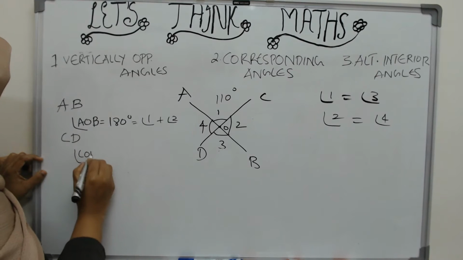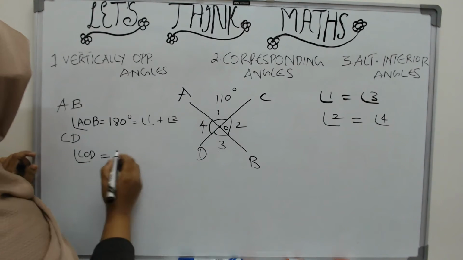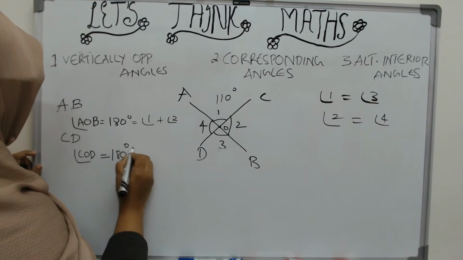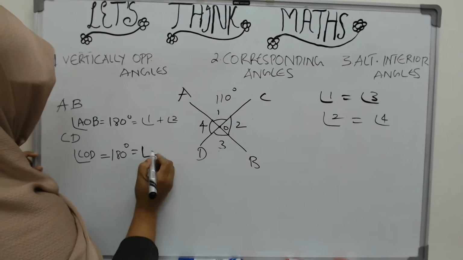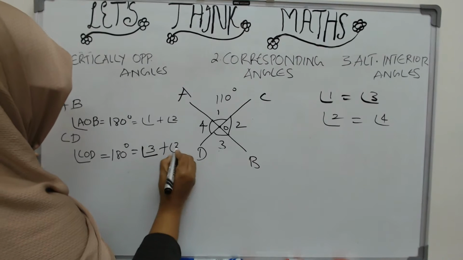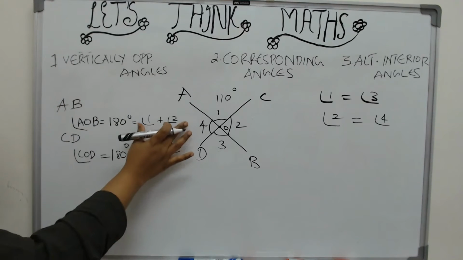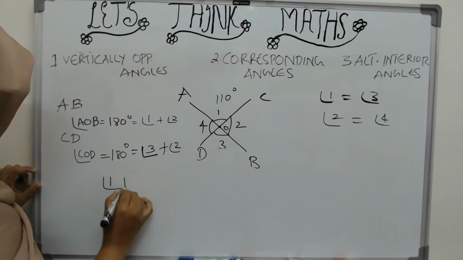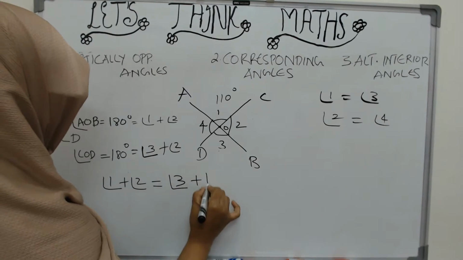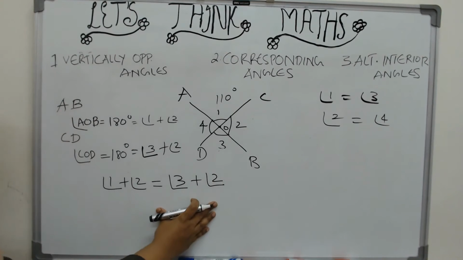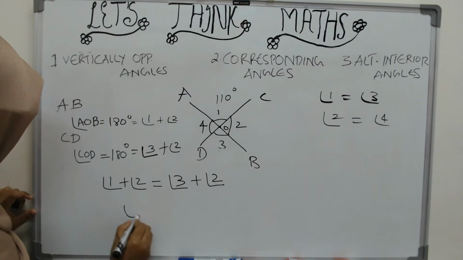So angle COD would be, again, any straight line makes 180 degrees. But what is this CD? It is 2 plus 3. So there you have both angle 1 plus angle 2 is the same as angle 3 plus angle 2. When is this possible? Only when angle 1 equals angle 3.